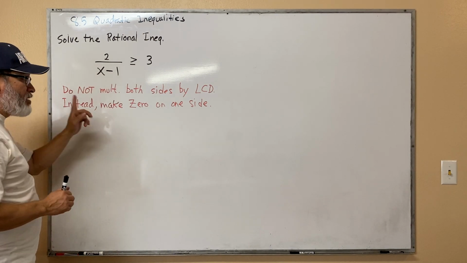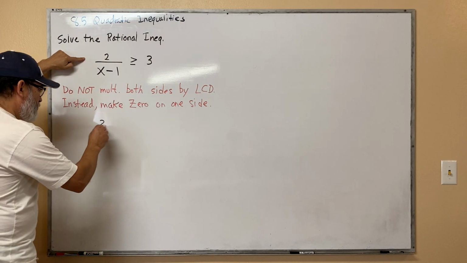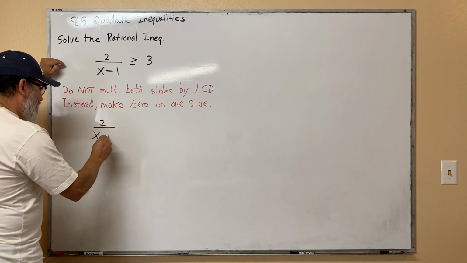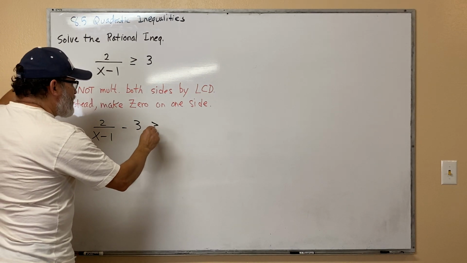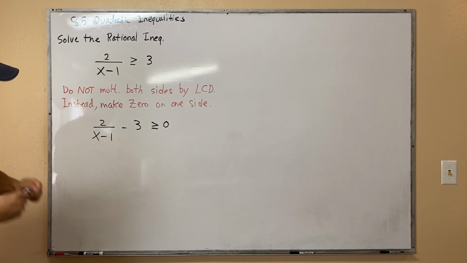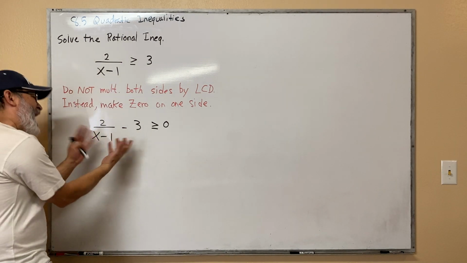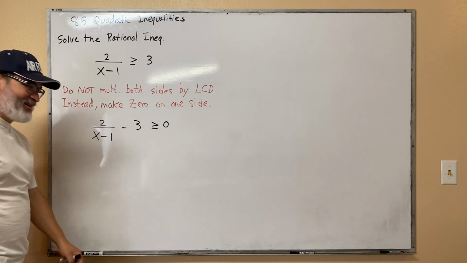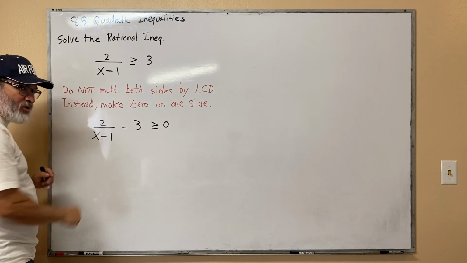Do not multiply both sides by the LCD. So here we have 2 over x minus 1 minus 3 greater than or equal to 0. The next step is to combine this fraction and the 3.